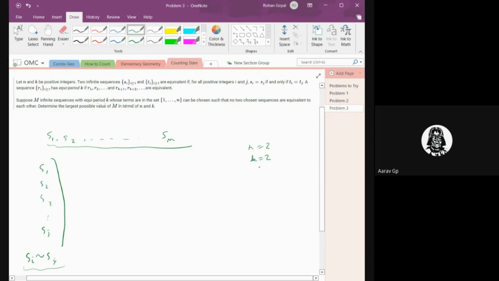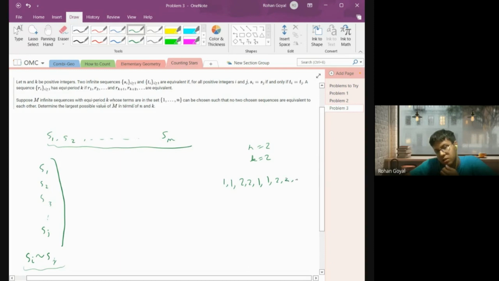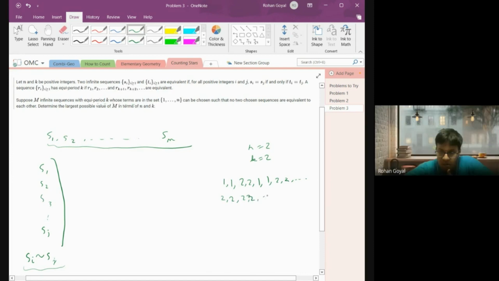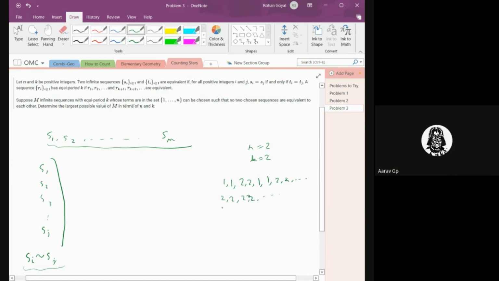Now we can have 1, 1, 2, 2, 1, 1, 2, 2 and so on. Yes, that is one sequence. And you can also have 2, 2, 2, 2. Okay, that is another sequence. And all ones, and then 2, 2, 1, 1.